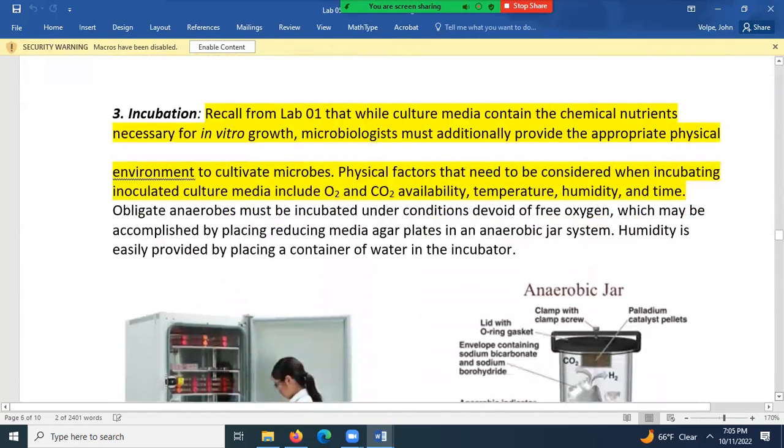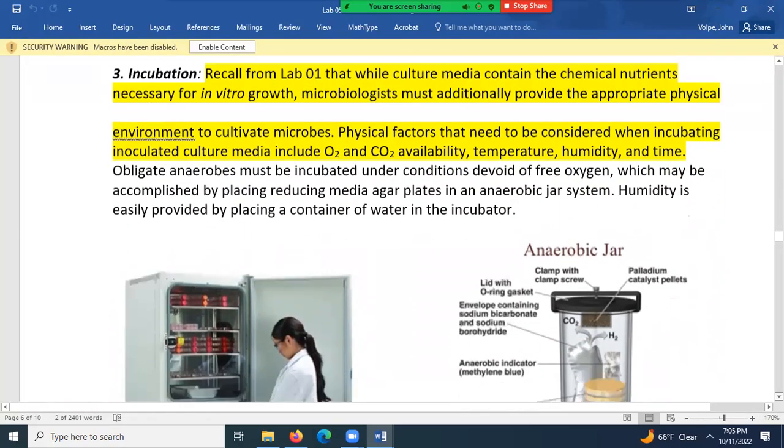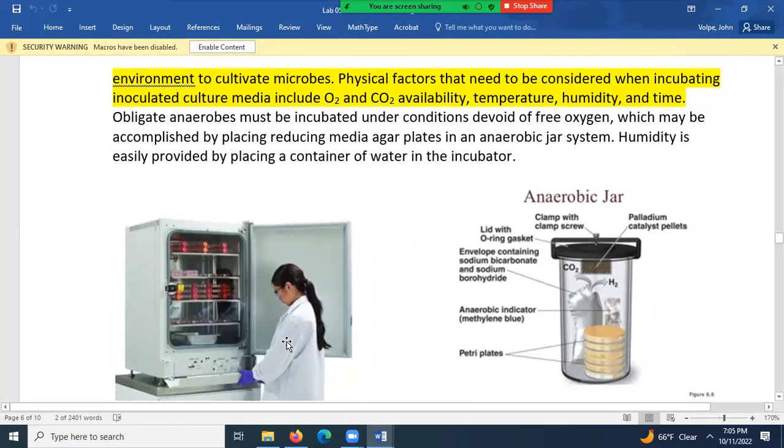All right. Once you get your bacteria on the plate, you then incubate it, and that's simply put it in a place for the microbes to grow, meaning it has a physical environment to help the microbes grow. In our lab, our incubators are really primitive. All they do is they increase the temperature and maybe increase the humidity.